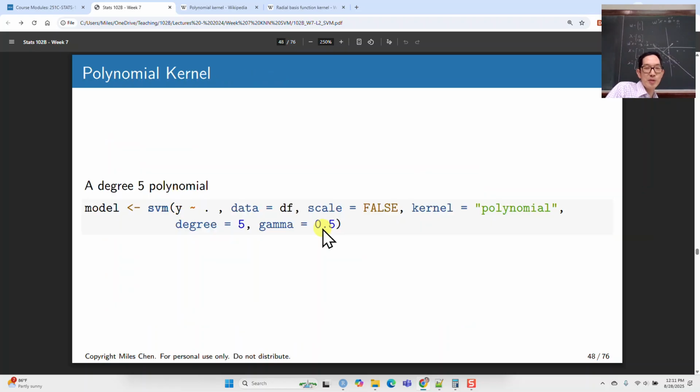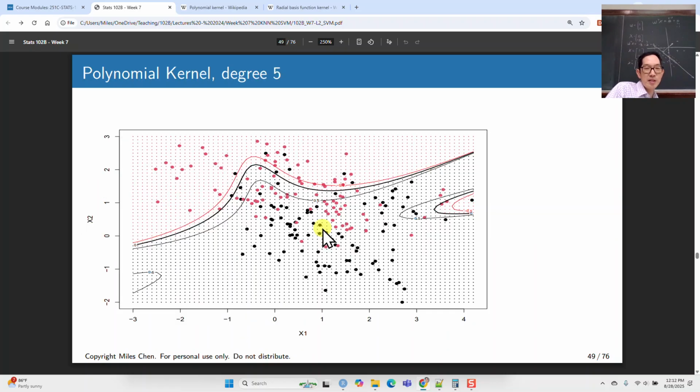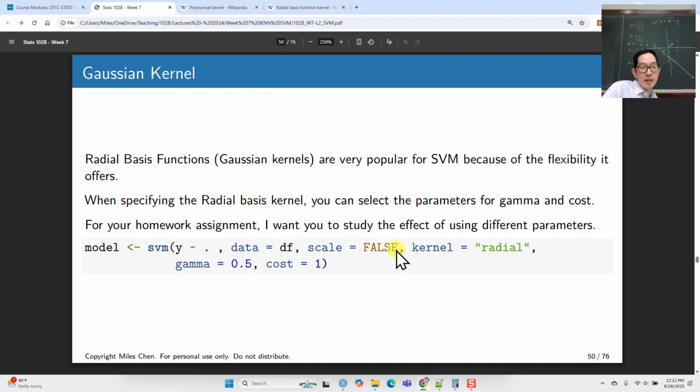It doesn't do a great job. You can increase the polynomial degree, and I don't know, this doesn't look that great, but here it is, a degree 5 polynomial. In my opinion, not doing a great job here, okay? And again, here I also put in additional dots that get colored in once you draw this boundary, okay?